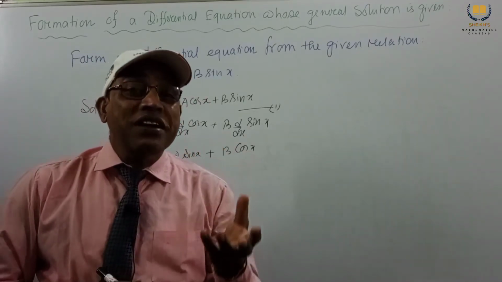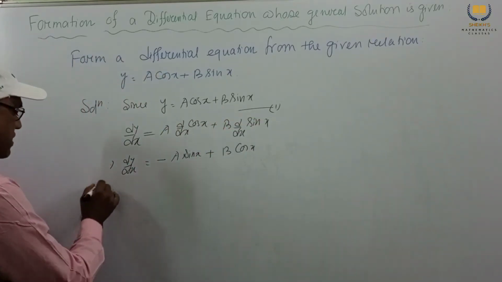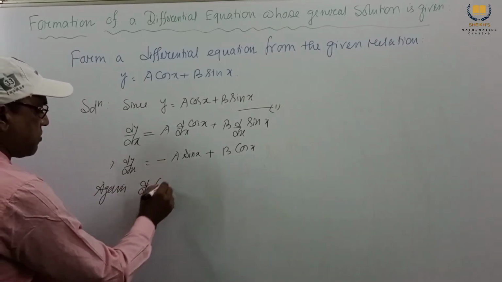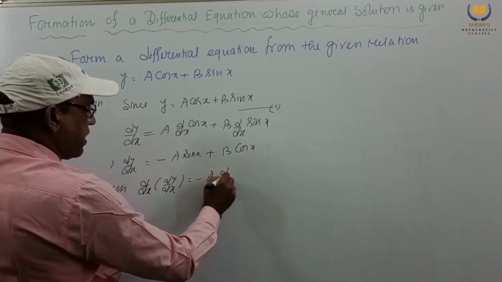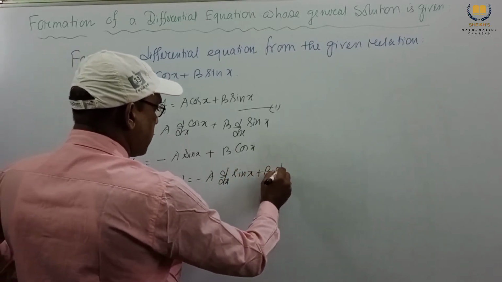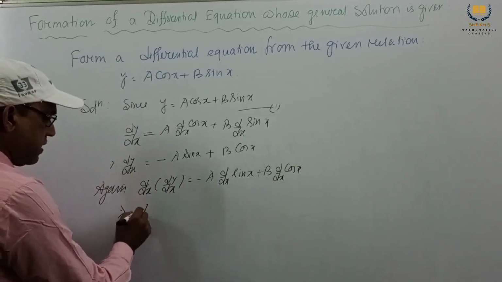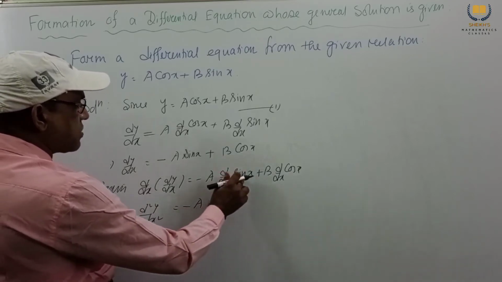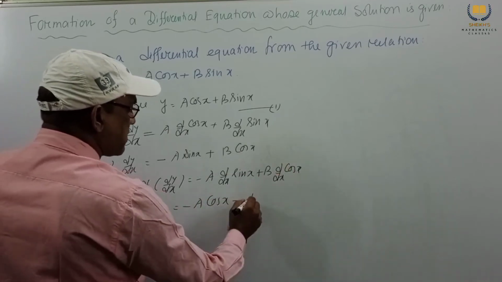Two times. Why two times? Because we have two arbitrary constants. So again we differentiate both sides with respect to x. We get d square y/dx square equal to minus a d/dx of sin x, which is cos x, minus b d/dx of cos x, which is minus sin x.